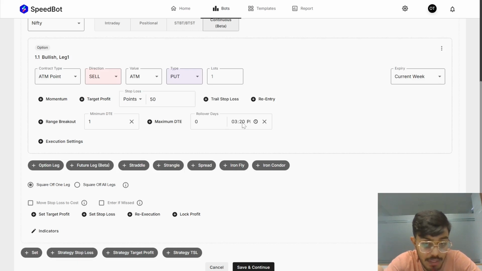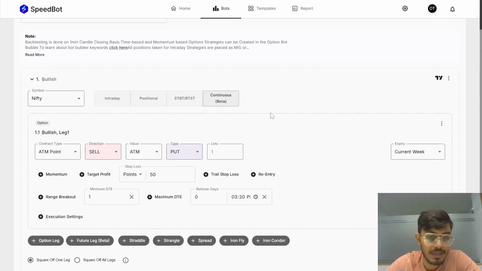That will be shorted and held for whatever time frame you have mentioned. Based on the stop loss, the exits can happen, or whatever exit indicator you have applied. That's where you can roll over your open positions onto the next week expiry. So this is the continuous feature that we have launched.